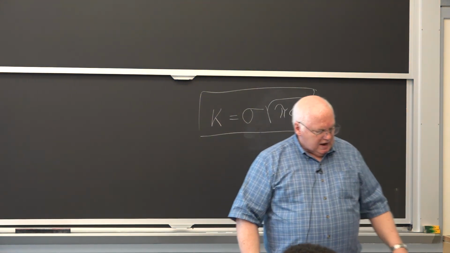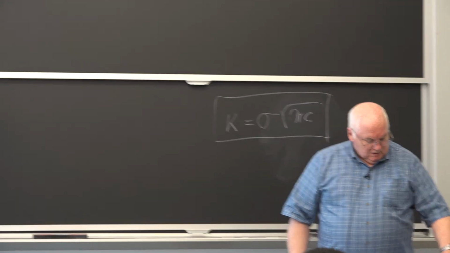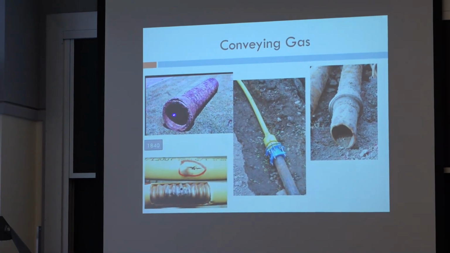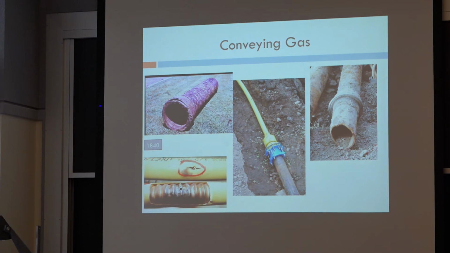If you're going to convey gas, we started out in the old days with a wooden pipe. That is a wooden pipe from 1840. They would just take an old tree and gun drill the inside, lay it in the ground, and transport gas from whatever their source of gas was. Originally, most of this was for the utilities for street lights in the cities.